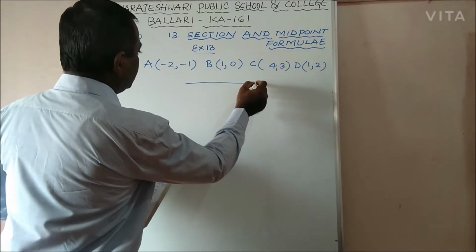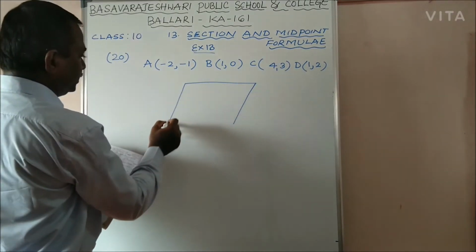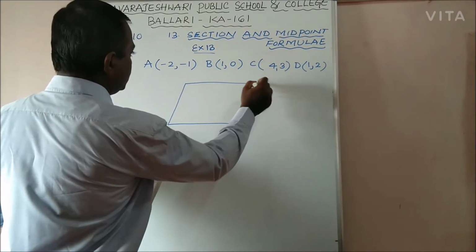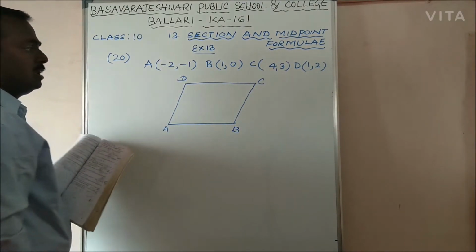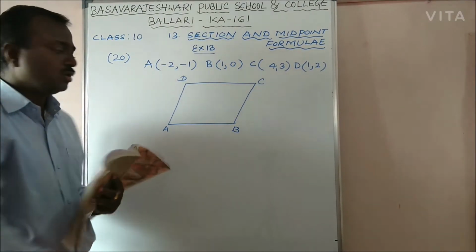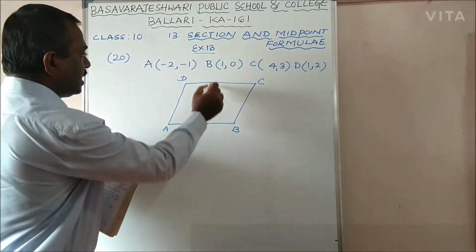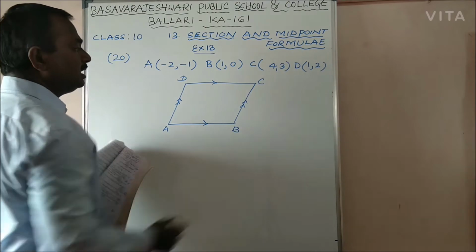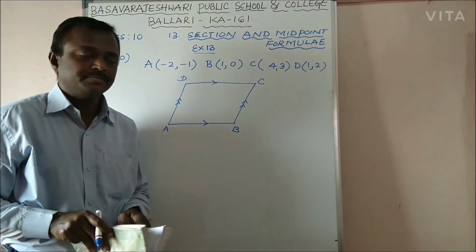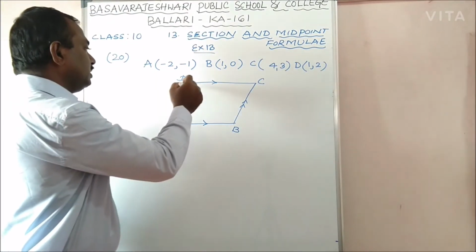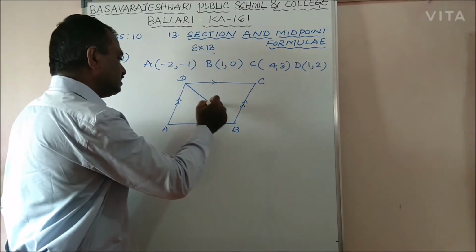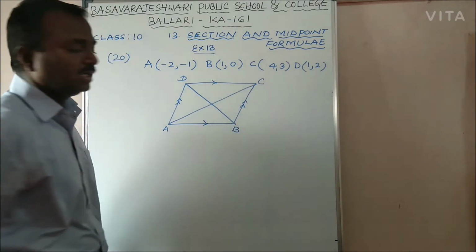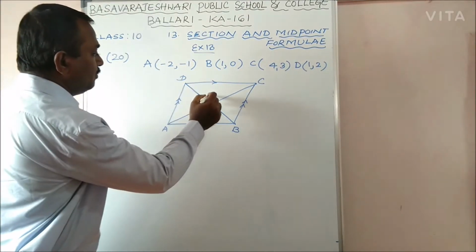If you take a parallelogram ABCD, opposite sides are equal and parallel. Correct? And one more thing, the diagonals bisect each other at O.